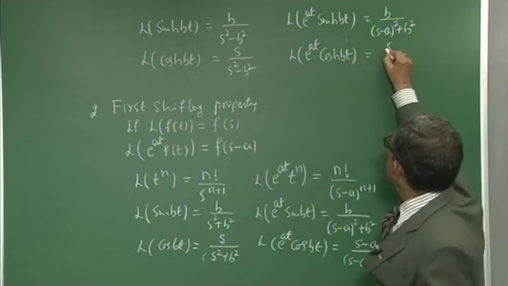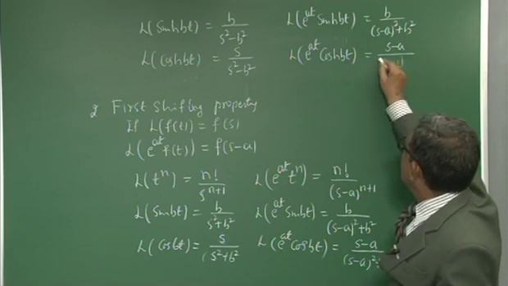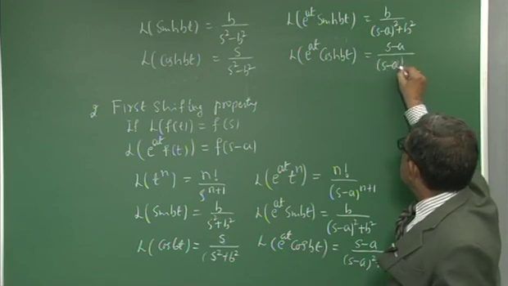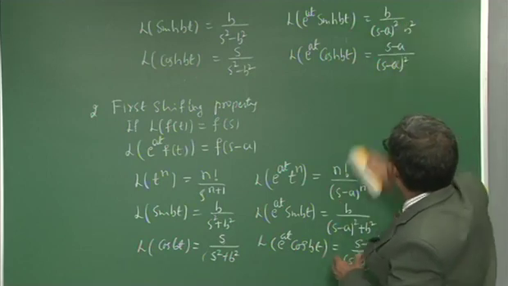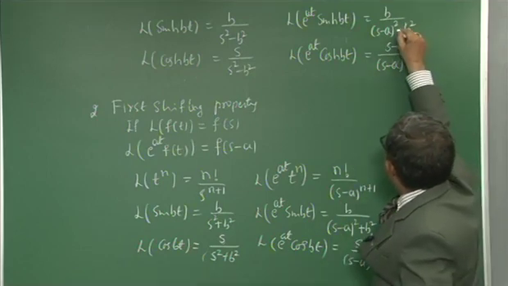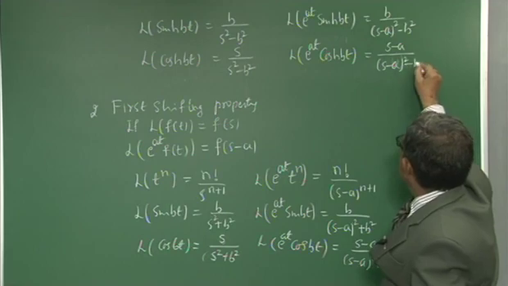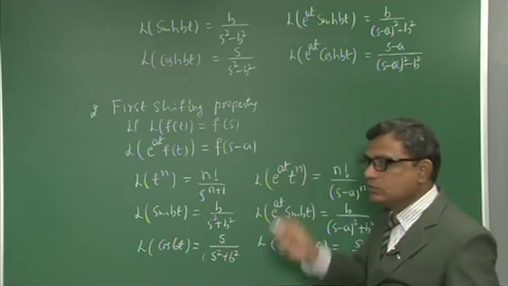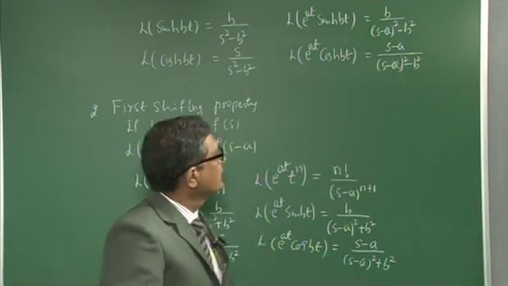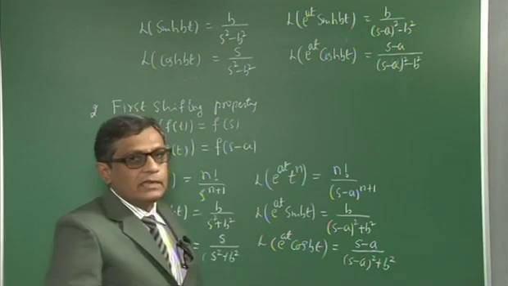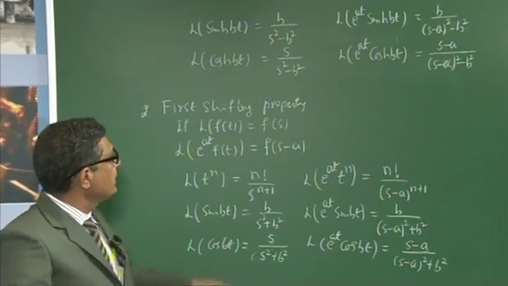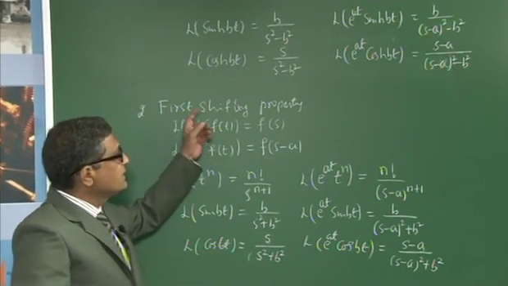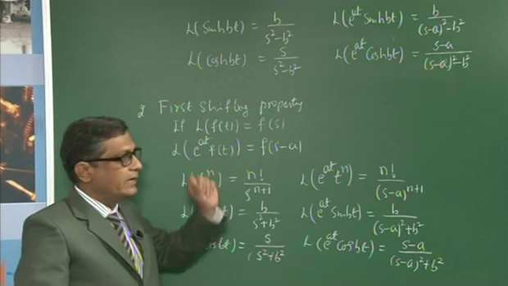How will we write it? s minus a divided by (s minus a) whole square, sorry, this is minus b square. This is also minus b square. s changes to s minus a. These are the 5 standard formulas by using the first shifting property.